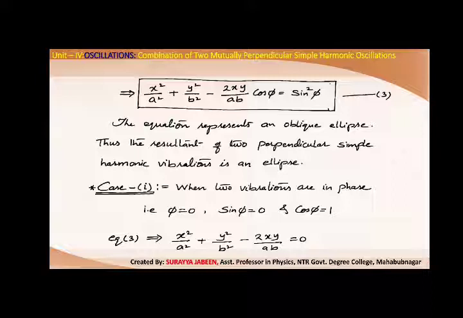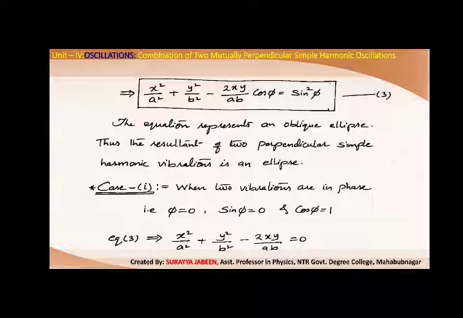So we will discuss here 5 cases for 5 different phase values: phi equal to 0, phi equal to pi by 4, phi equal to pi by 2, that is 90 degrees, then phi equal to 3 pi by 4, and then phi equal to pi. We will put these values instead of phi, and then we get different resultant equations and resultant paths also. Then we will discuss each curve separately.